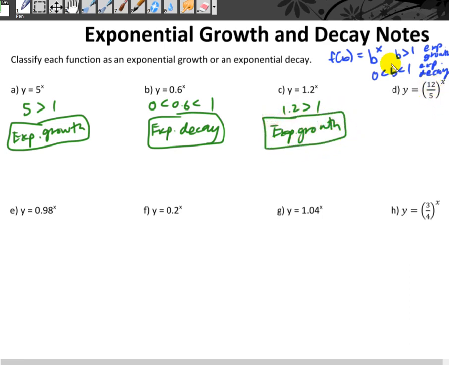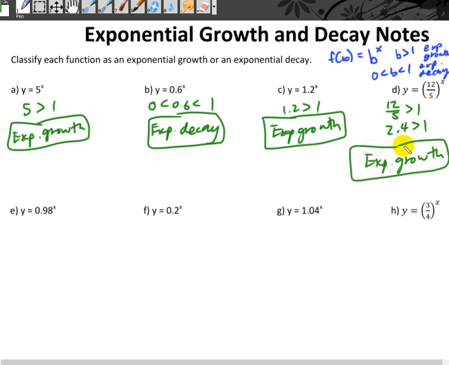Okay, 12 over 5. If I divide that, that's like 2.4, and 2.4 is greater than 1. I could either say 12 fifths is greater than 1, or 2.4 is greater than 1, same thing. This is going to be exponential growth.